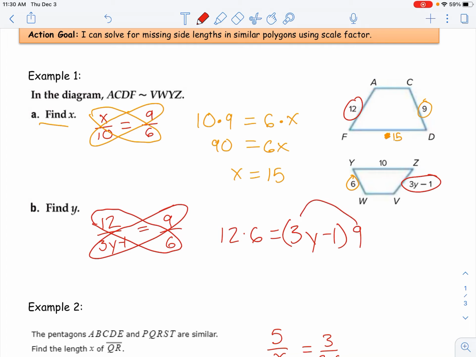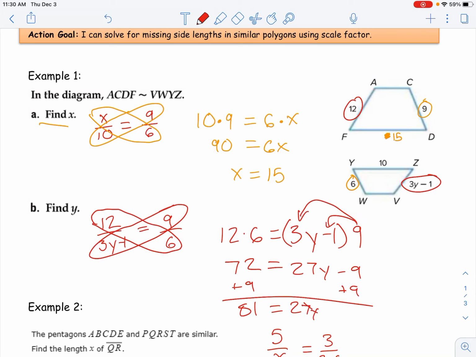Okay, so now I'm going to distribute that 9. So 12 times 6 is 72. 9 times 3 is 27y minus 9. Okay, let's add 9 to both sides. 72 plus 9 is 81 equals 27y.